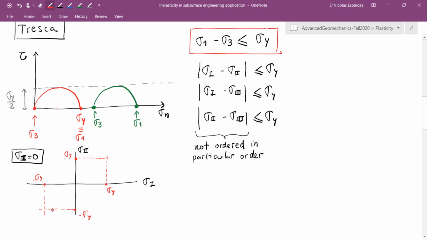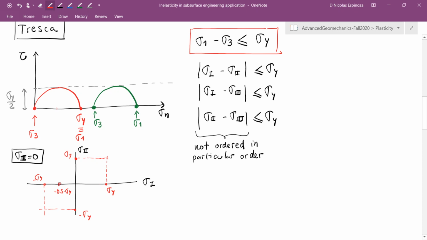All right, but what happens, for example, if I have my sigma 3 equal to 0, and now let's say my sigma 1 is going to be negative 0.5 sigma y. And now I am in compression in one direction with the negative sign in this case.